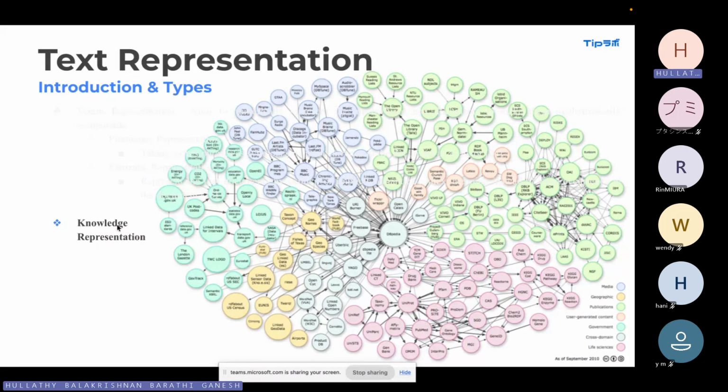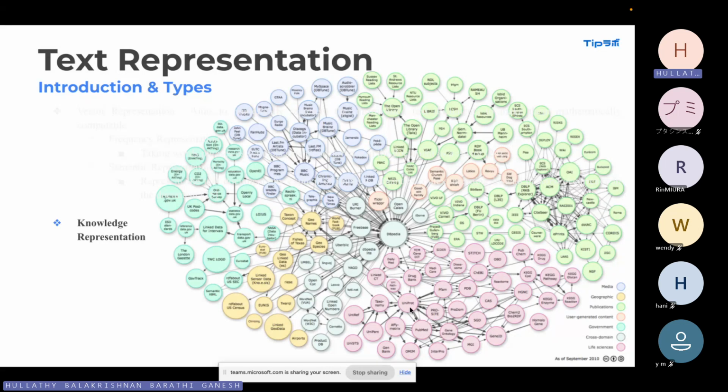Knowledge representation, as I mentioned earlier, DBpedia is quite a good example for it. If you look at it, each color represents the entities belonging to a specific domain.